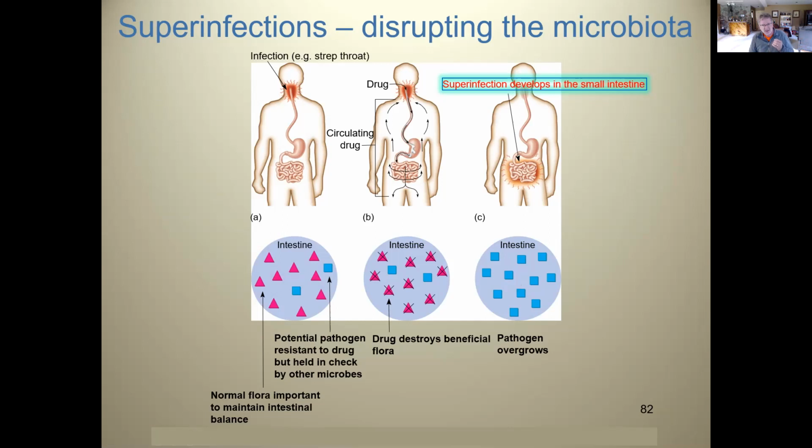So this is just one example of how superinfections, whether it's here in the small intestine or a yeast infection in a woman, is not uncommon, of course, in the vagina, because when you take certain antibiotics, you knock out pathogens. Well, let's put it this way.